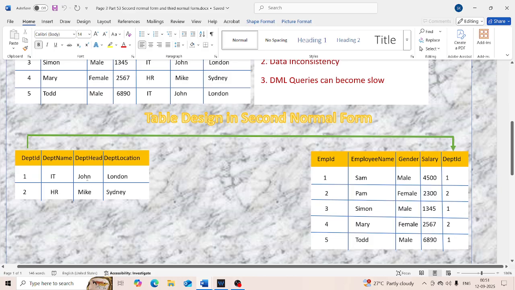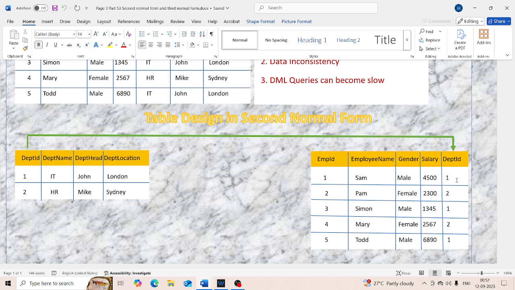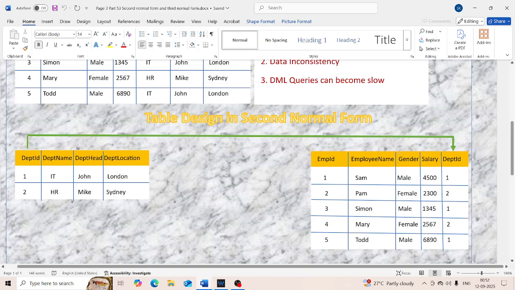Here it is. And then we are creating the relationship between these two tables using the foreign key. That is the foreign key. So we are satisfying the third rule of the second normal form. So this table design is now in second normal form.